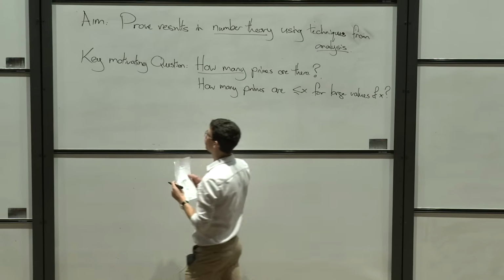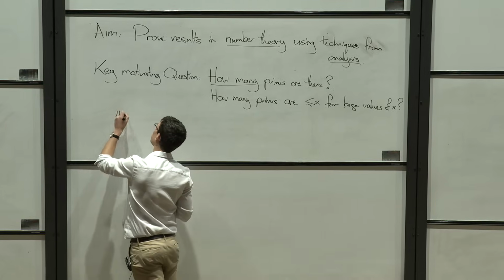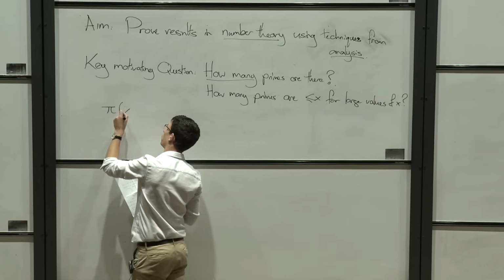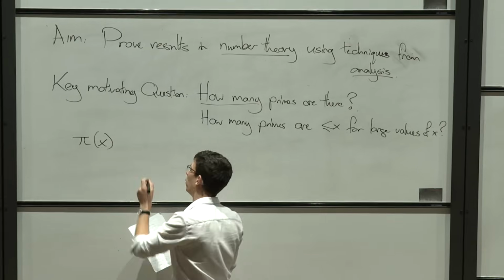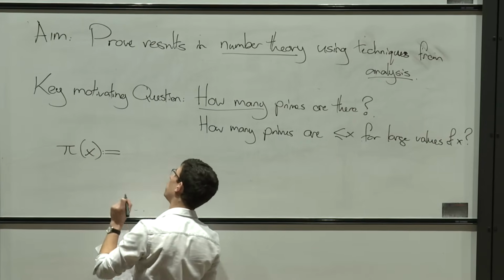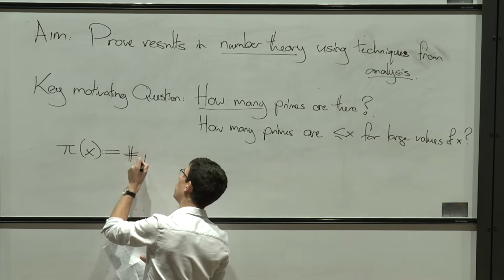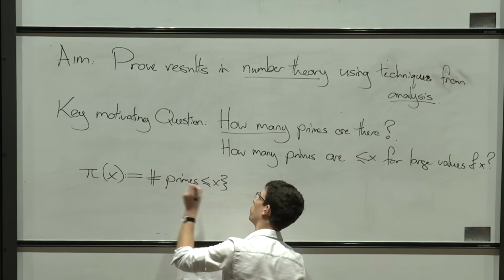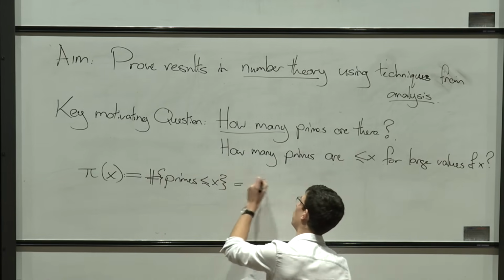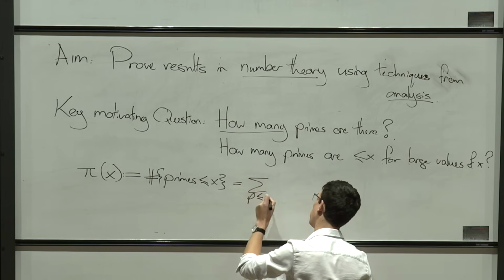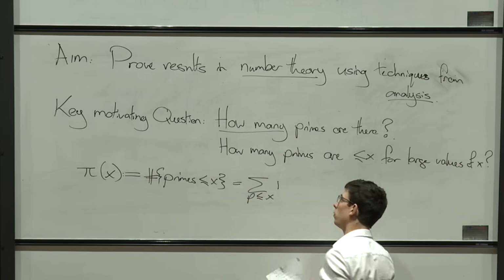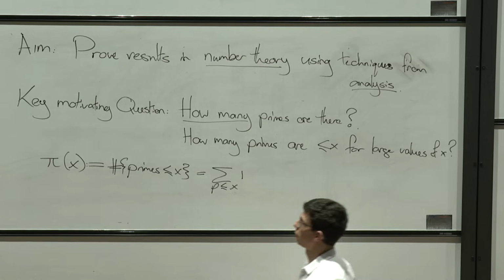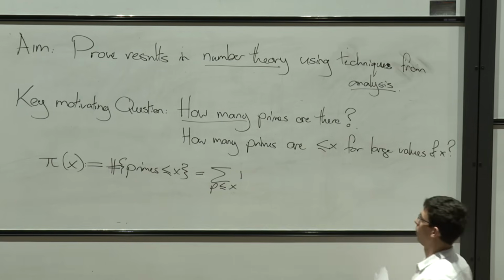And so to make this a little bit more precise, we can introduce the function pi of x, which I'm defining to be the number of primes which are less than or equal to x. This is a function of a real number x, and it just outputs the number of primes less than or equal to x.